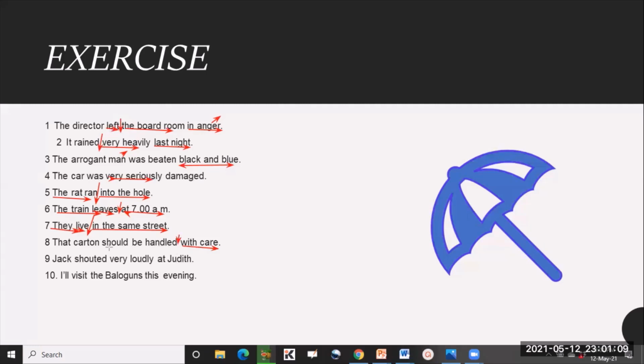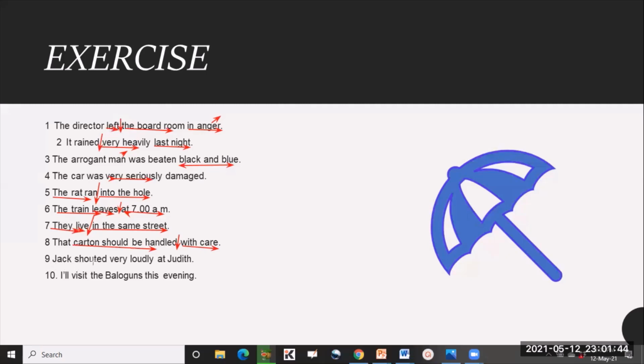Using the border principle and the questioning method. When we say "that carton should be handled," some questions will arise. How should it be handled? With care. It should be handled with care. So "with care" is an adverbial phrase of manner because it is telling us how the carton should be handled. It modifies the verb "handled."